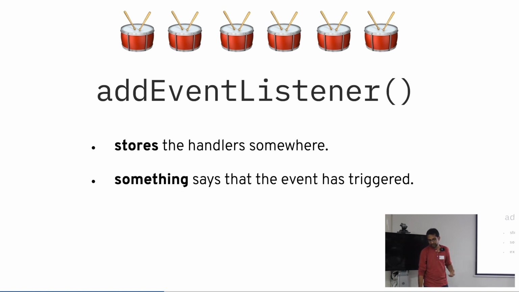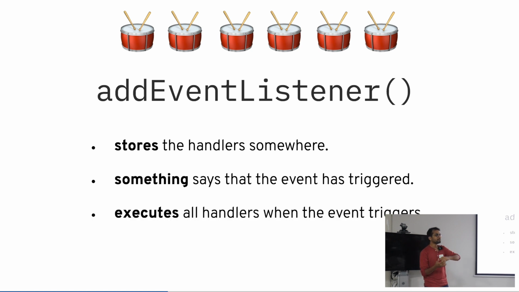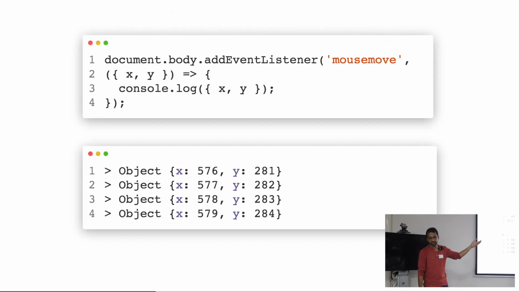And then the third thing is whenever that happens, it goes ahead and executes that handler. Inside the handler, whatever we have written will get executed. So in the previous case, we were executing console.log, and that's what we saw on our console as output, right?